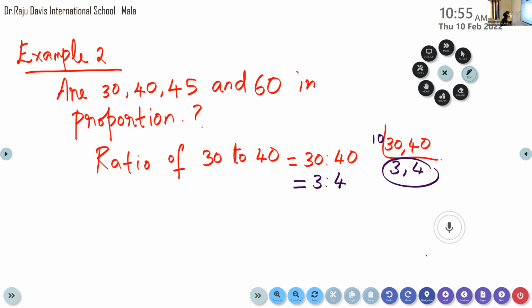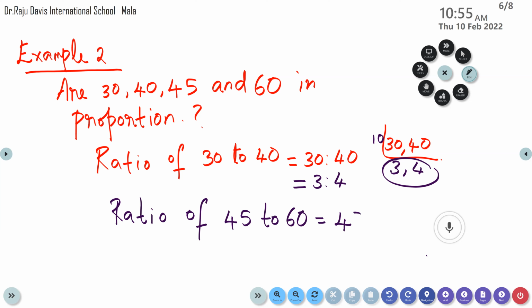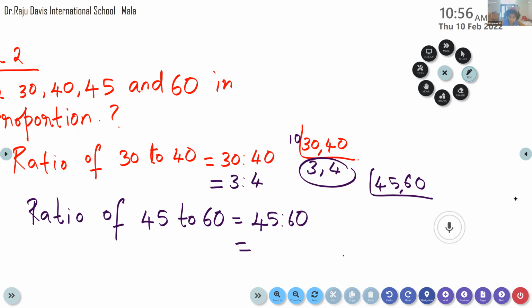Then next, ratio of 45 to 60. Like here, what will we write? 45 to 60. It is there in the 5 table. Make it into simplest form.